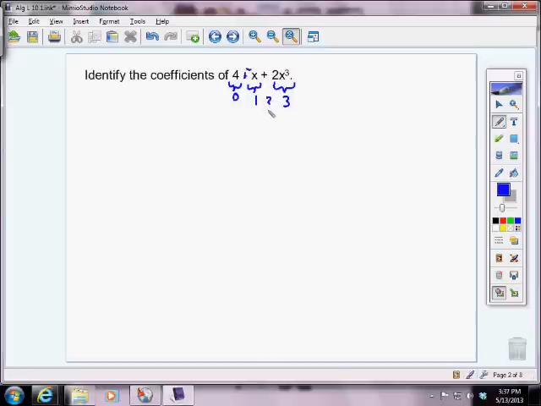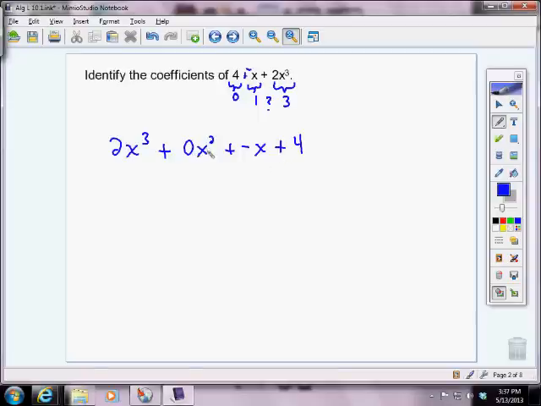Notice we're missing a second degree. So we're going to write this in order: 2x to the third plus 0x to the second plus my first degree, negative x, plus my 0 degree, which is 4. So in standard form, our degrees are decreasing, and I did account for this second degree.